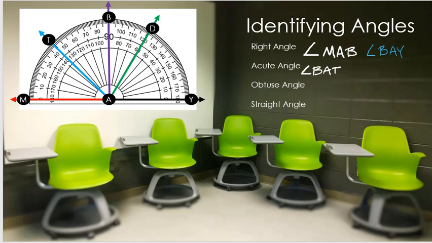Now if we wanted to name an obtuse angle. An obtuse angle is anything greater than 90, less than 180. So, it might not upset you too much, but you might get mad. Sorry, that's angle humor. MAD, that angle is 120 degrees.